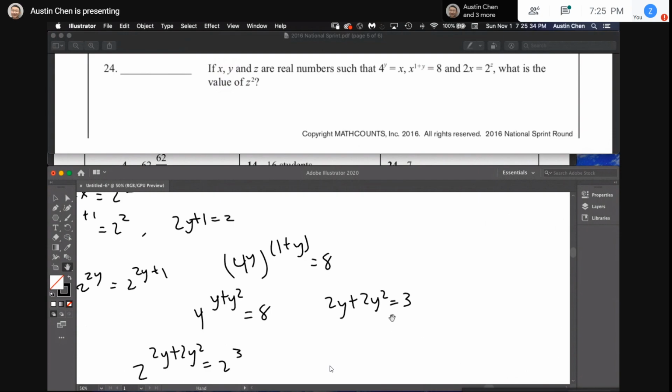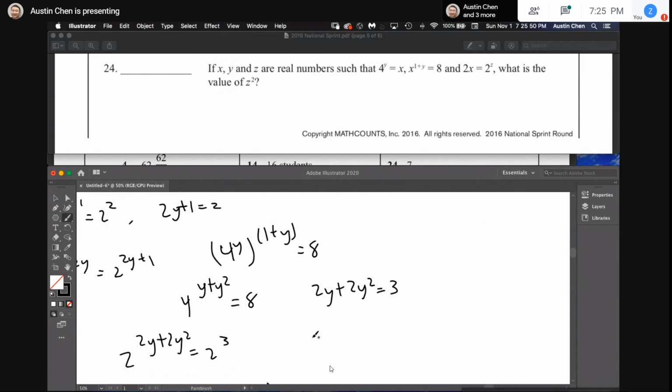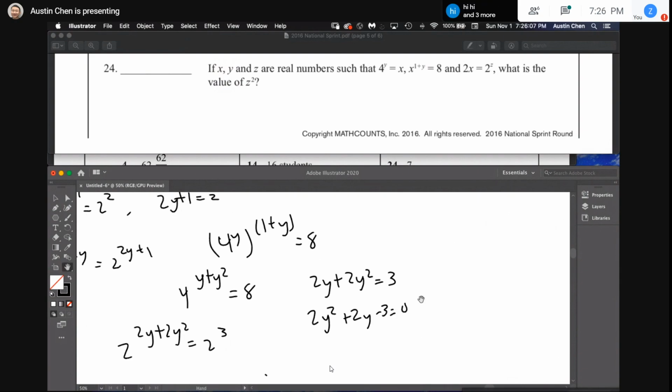We'll get 2 solutions for y, such that z squared is maybe the same thing. I think we should still just try solving for y here. So we're going to have 2y squared plus 2y minus 3 equals 0.